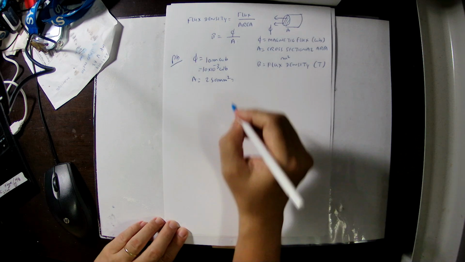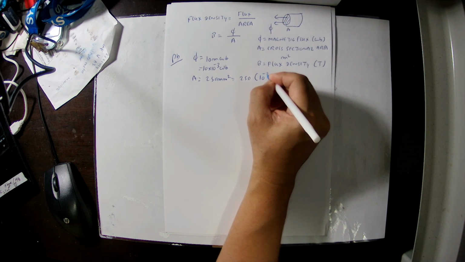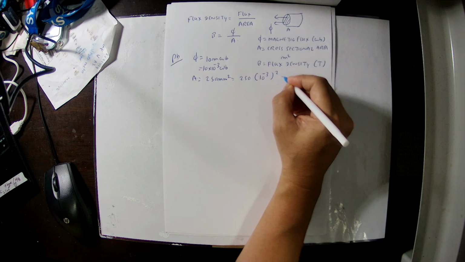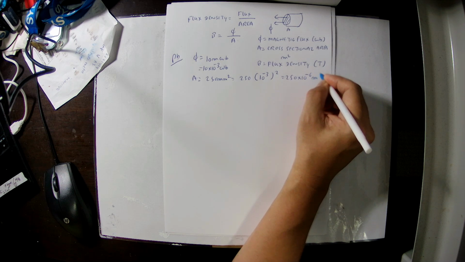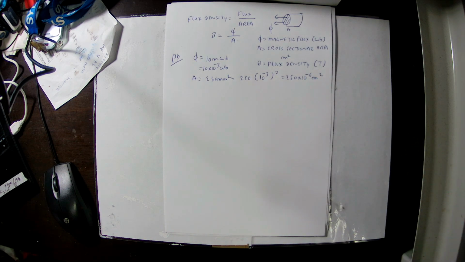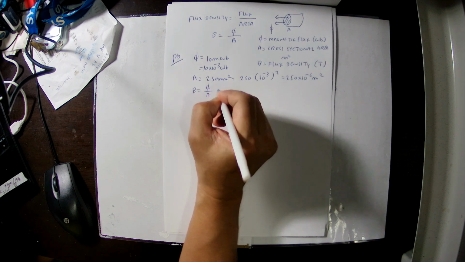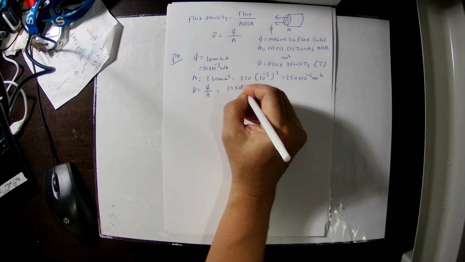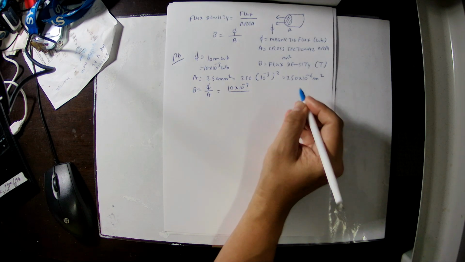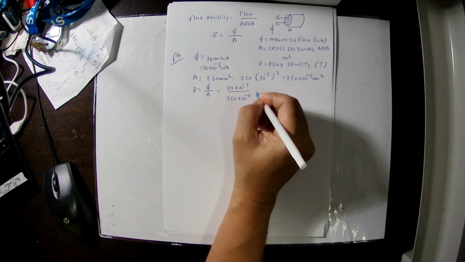So 250 millimeter square: 1 millimeter equals 10 power minus 3 meter, so this is 250 multiplied by 10 power minus 6 meter square. Then we can calculate the flux density B equals phi by A. Phi is 10 multiplied by 10 power minus 3, A is 250 multiplied by 10 power minus 6.